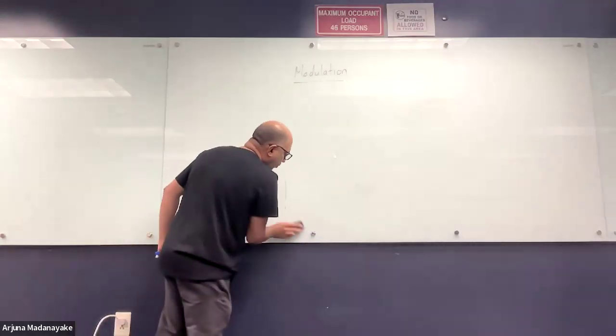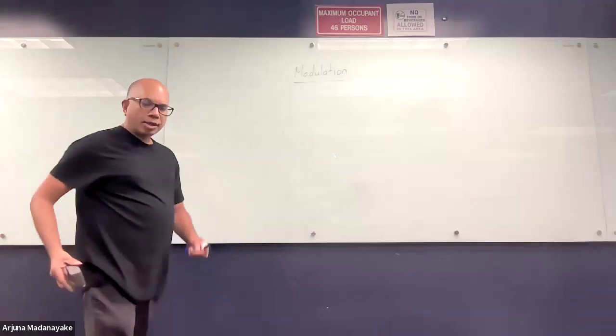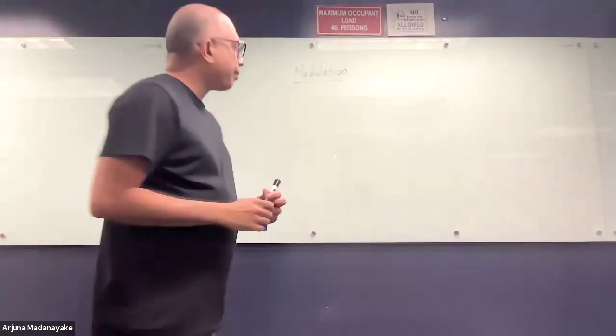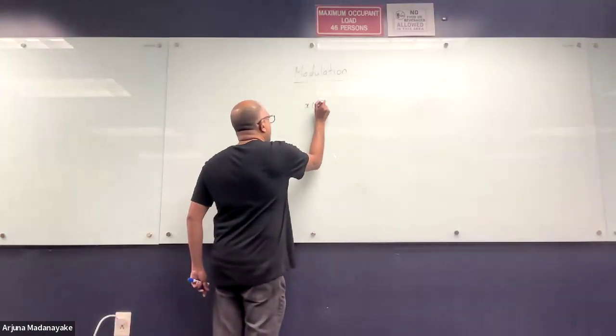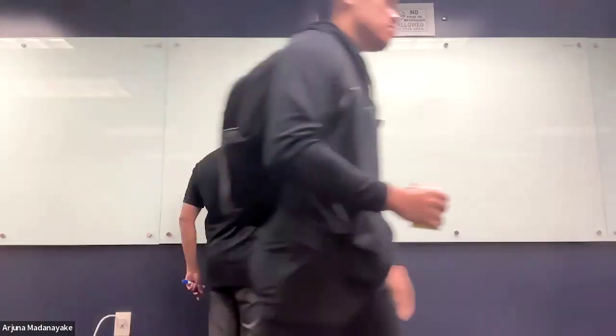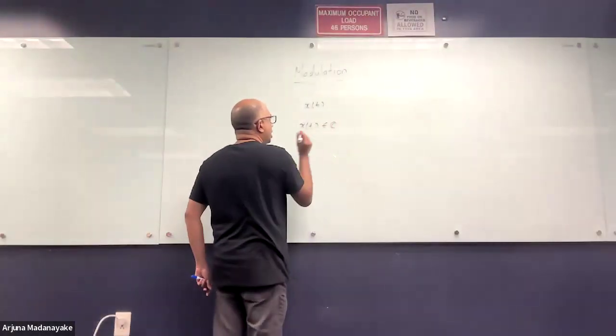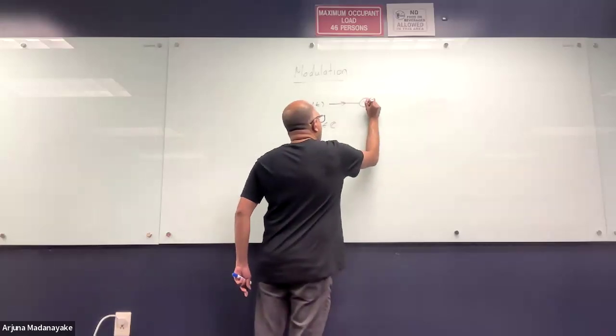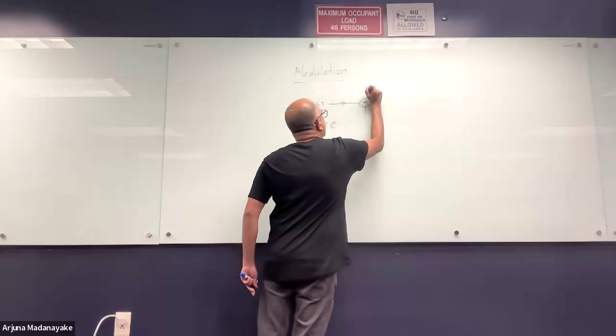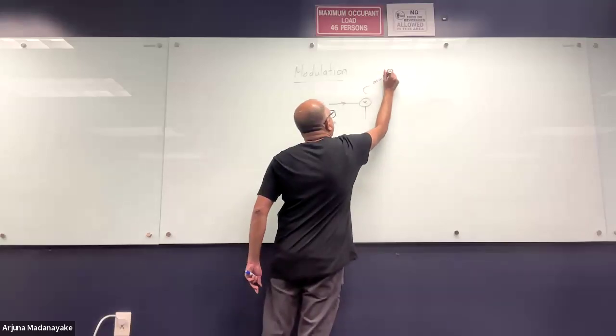So by modulation, what we mean is we multiply our signal x of t, which is complex valued. So I have my x of t coming in, complex valued in general. I have a multiplier.